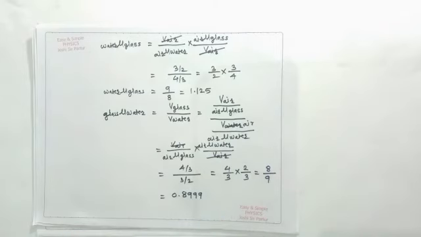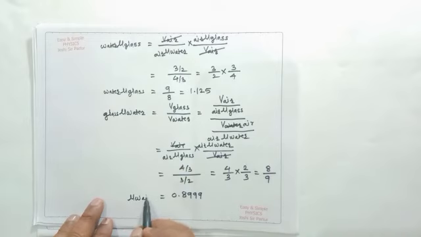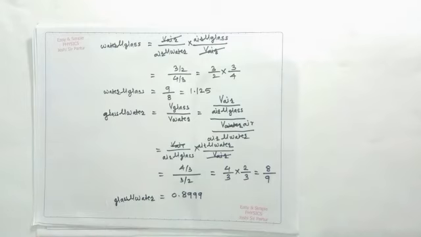So the answer is that the refractive index for water with respect to glass is 0.8999.